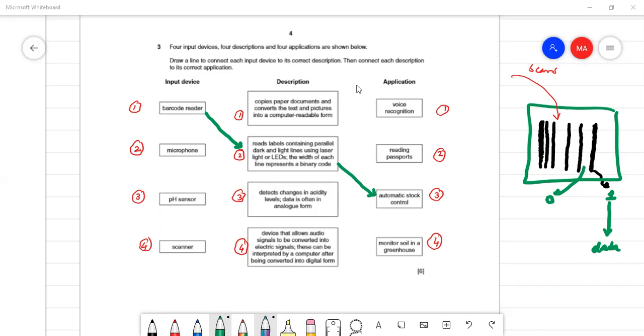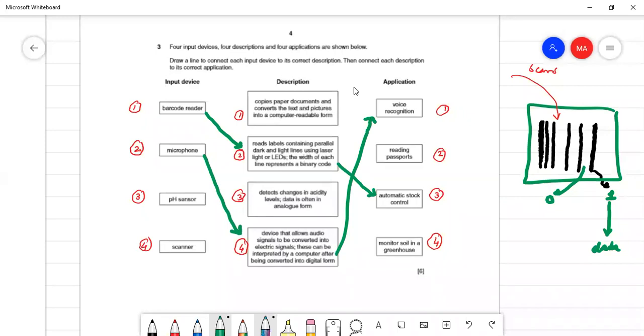Okay, now the second one, microphone. Second is connected to which description? Okay, fourth description. And then which application? First one.